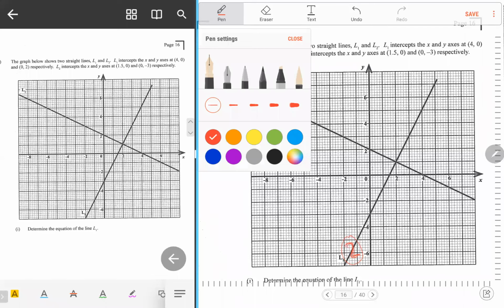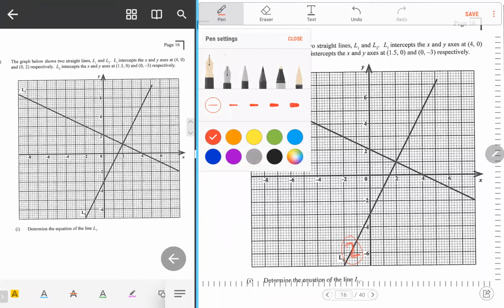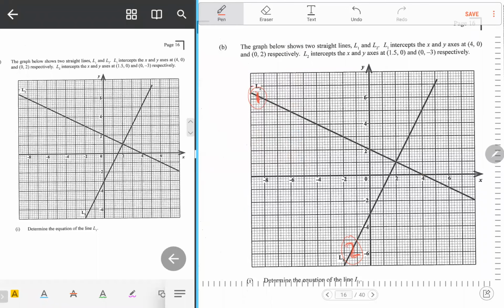It says L1 intersects the x-axis at (4, 0), which is right here, and (0, 2), which is right there. Good, so we see that. And then it says L2 intersects the x and y axis at (1.5, 0), that's right here, and (0, -3).